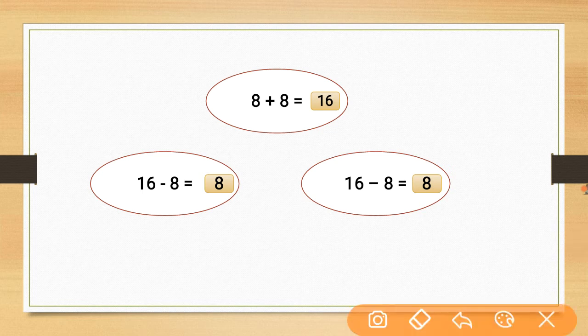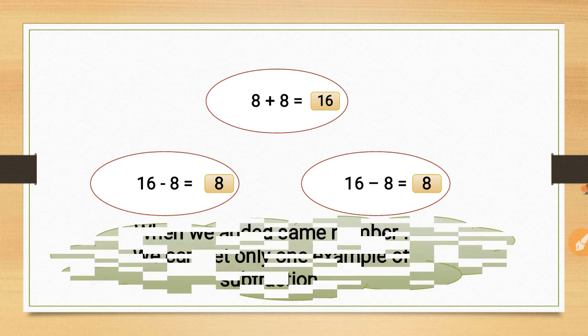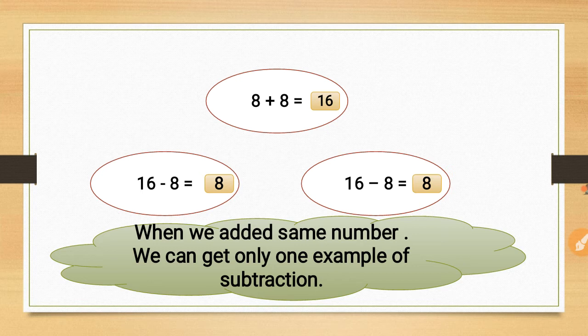Here if you see, both are the same. Because both numbers are the same, we will get only one example of subtraction. Okay, what we understand is, when we add the same number, we can get only one example of subtraction.